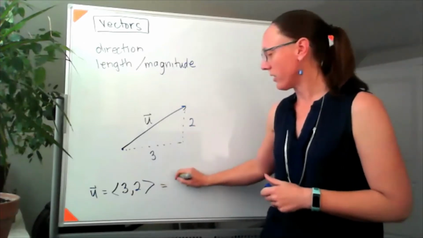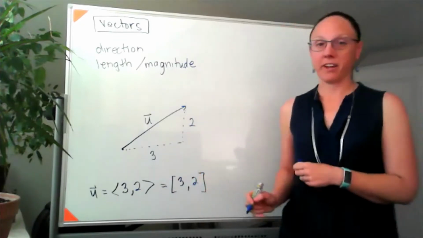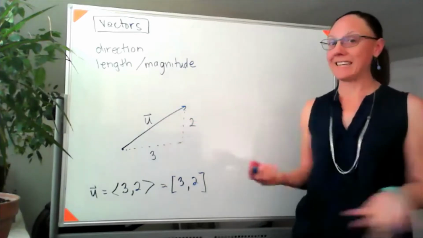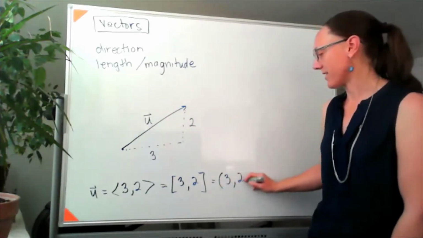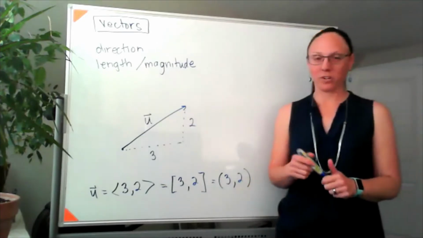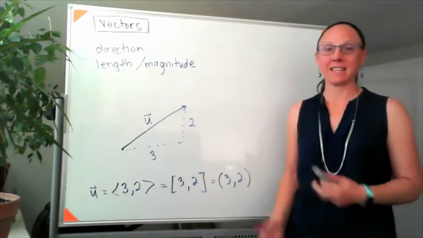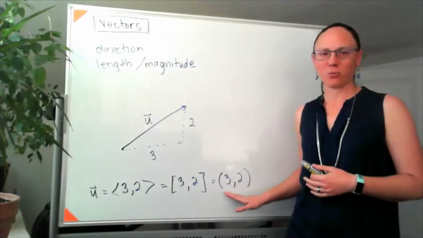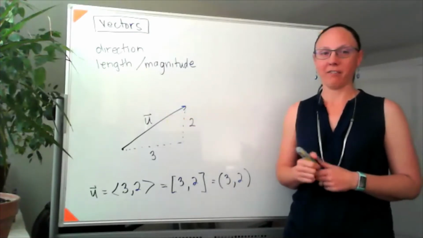Our textbook uses square brackets to define that it's a vector. And Gorski, at least in the written homework, has used parentheses to indicate that we're talking about a vector. I don't happen to like this one because I think it's the most confusing. It's easy to read that and think that we're talking about a point and not a vector.